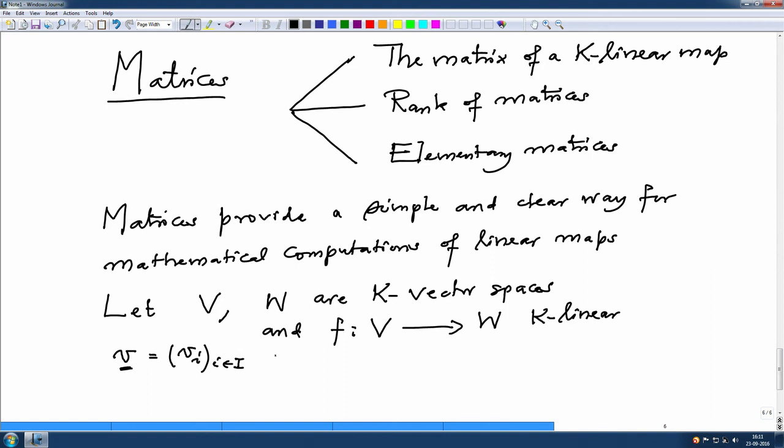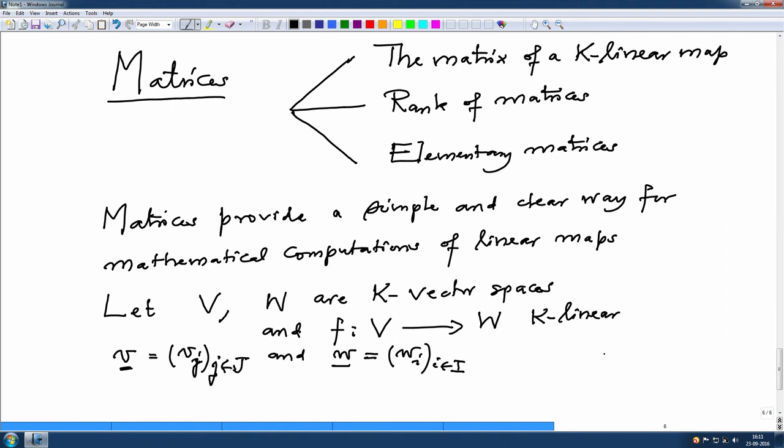And similarly, a basis of W is, no, let me change this I to J. So, this is Vj, j in J, and Wi, i in I. So, I and J are index sets.